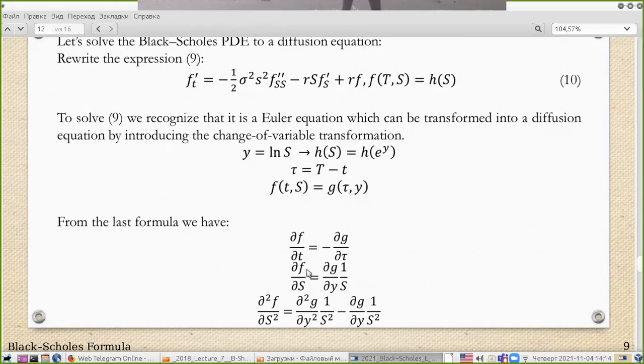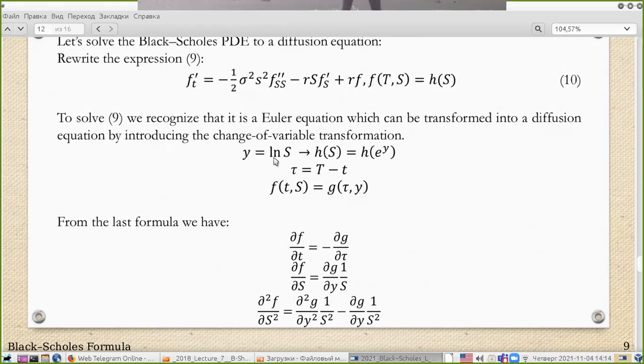And similarly df with respect to ds, where we have s only in y. Tau doesn't contain s, so it is dg with respect to dy, and dy with respect to ds.